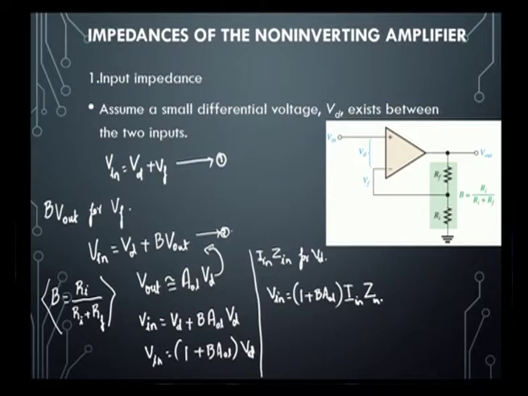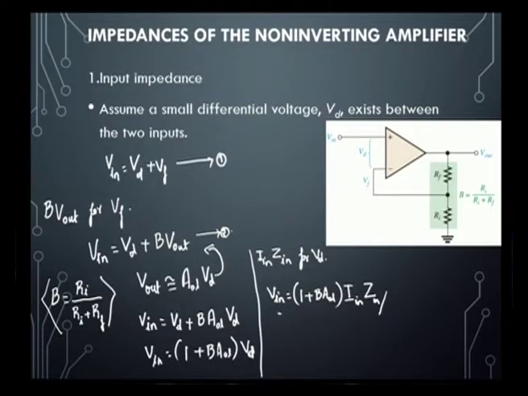So, at last we are going to find out the input impedance. Here the Z in that we have written is the open loop input impedance, that is, when the op-amp is in open loop. So, this is an open loop impedance. What we are going to find is a closed loop impedance.